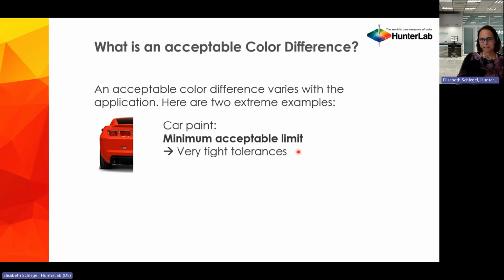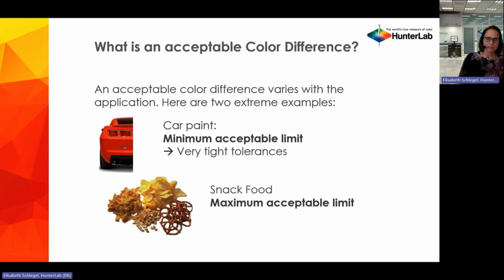So you might set it at 0.5 or even 0.3 for the deltas. But if you look, for example, at snack food, it doesn't matter if one potato chip is a little bit darker or lighter than the other one. So we have very large tolerances and a maximum acceptable limit here. So it's really up to your company to define the limits that are okay for your product.